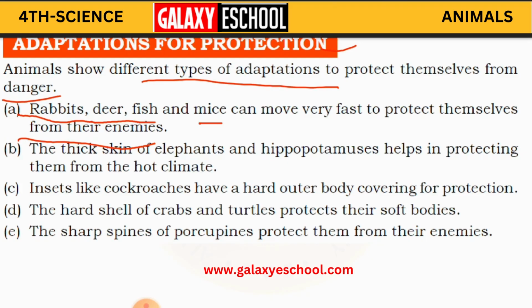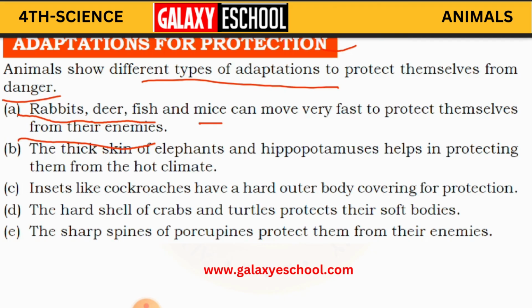That is why we are telling here that these animals can move very fast when they see any other animal which is going to harm them, which becomes their enemy. When they see their enemies, they move very fast to protect themselves.